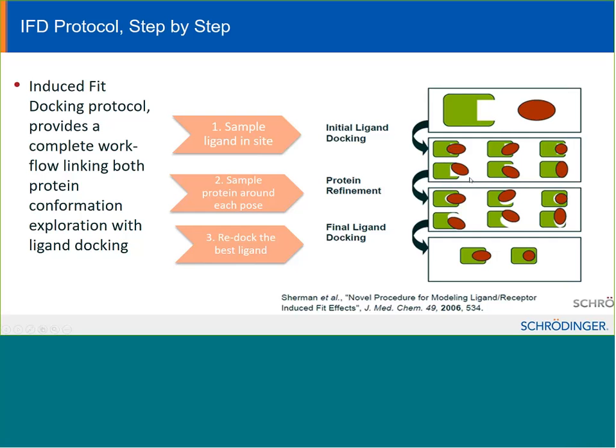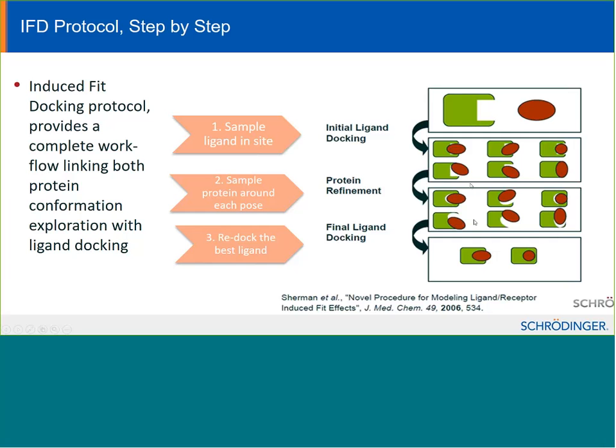And then once we've done that sensibly, we go ahead and refine the protein around those docked conformations of those ligands. So now we start to move the picture of the active site of that protein. It's going from a square to a round shape, trying to accommodate that ligand as it does that. But it all does this sensibly within an energy window.